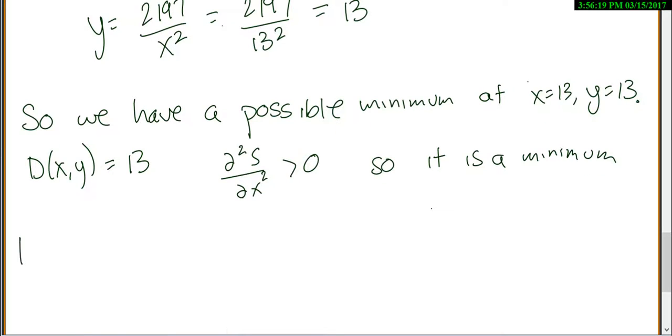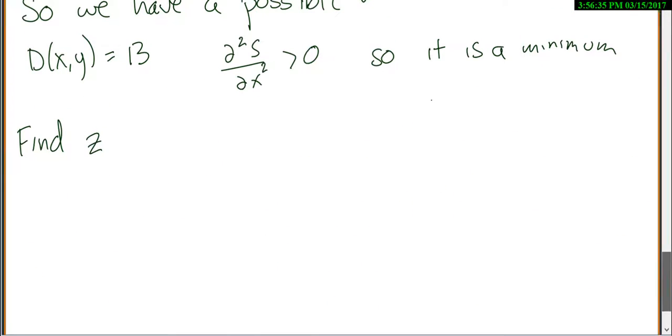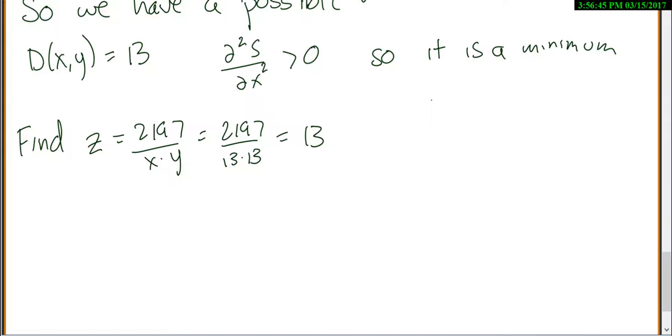And the last step is we're supposed to find all the dimensions of the box, so let's find z. And to do this, we come way back up to the very beginning to our last equation that had a z in it. z equals 2197 over xy. So it equals 2197 over x times y. So 2197 over 13 times 13, which equals 13.